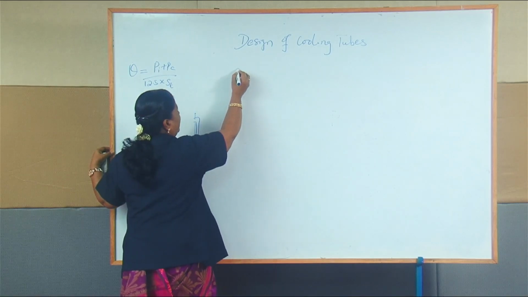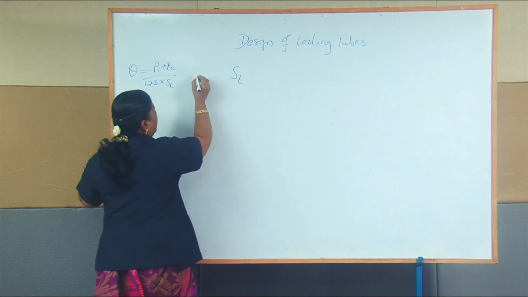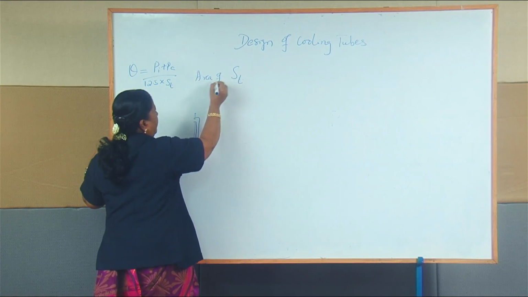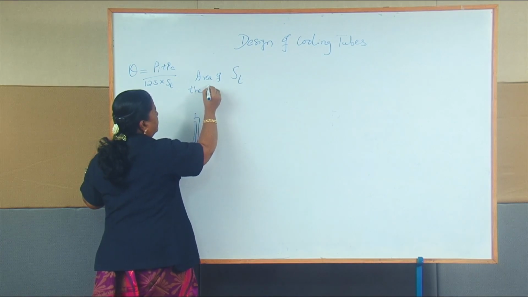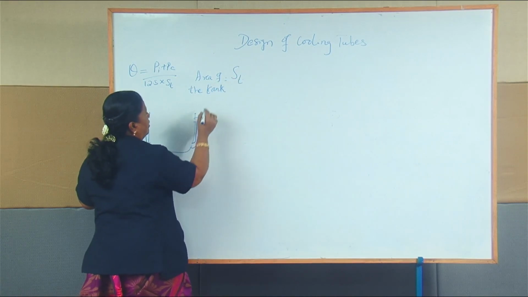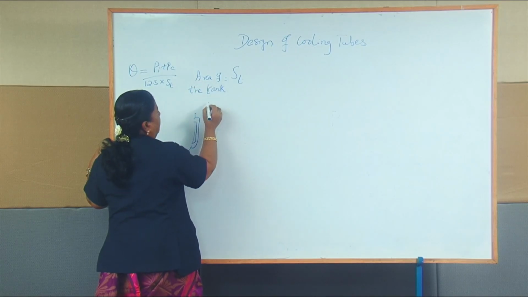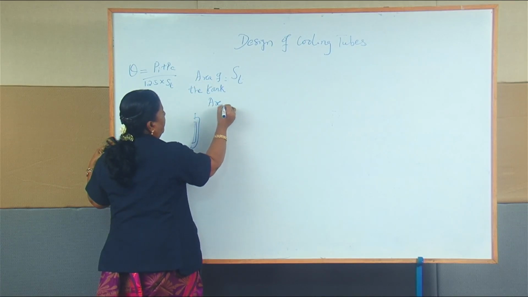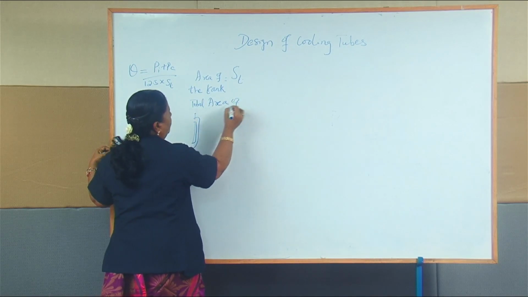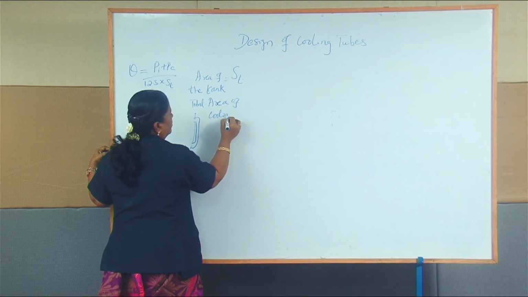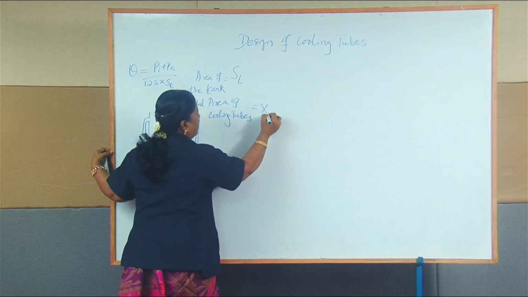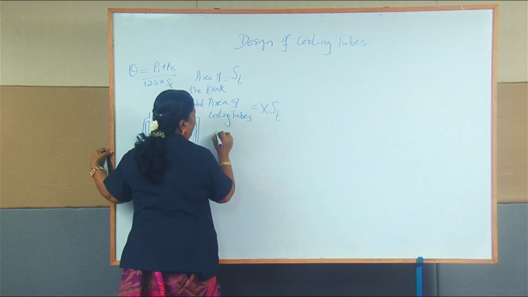So, St is nothing but the area of the tank, and the total area covered by cooling tubes is nothing but X into St. Now, what is X?